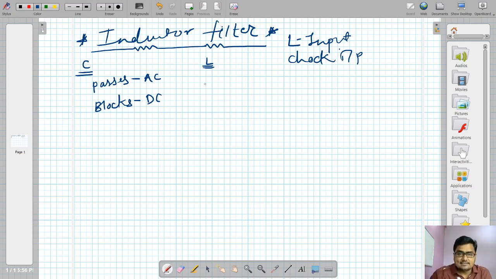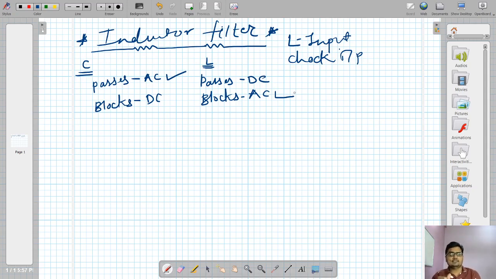That is, inductor passes DC, whereas it blocks AC. Look at this. AC is blocked here in inductor, whereas same AC is passed here in capacitor. So that's why I said the inductor has some opposite properties to that of the capacitor.